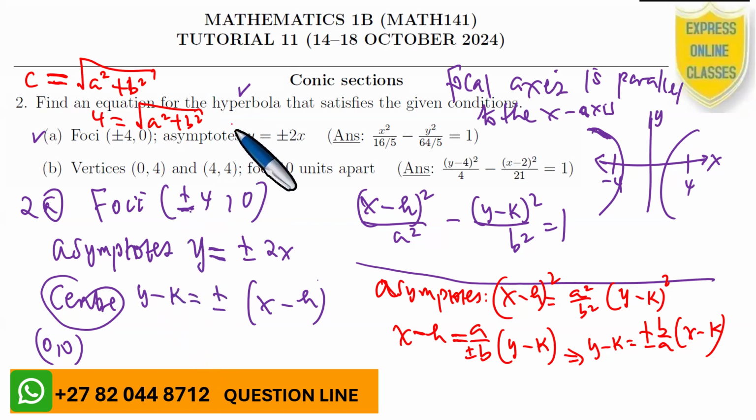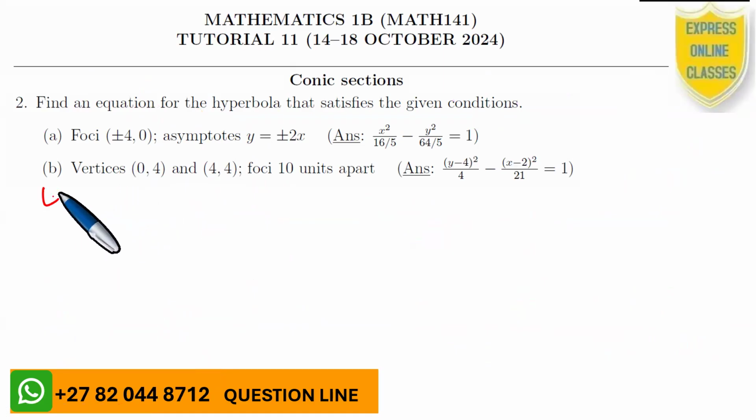Right. So you'd have that 4 is the square root of a squared plus b squared.